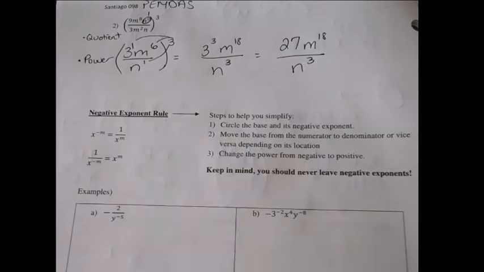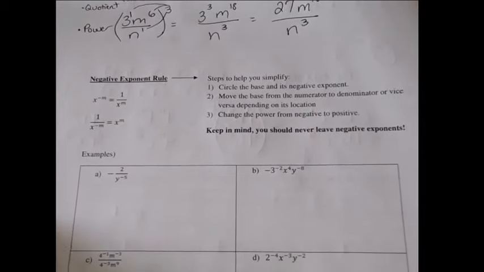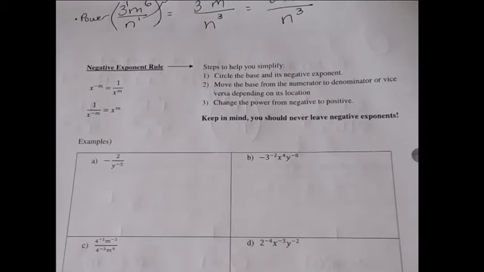All right, let's take a look at the negative exponent rule. What I've done over the years is I wanted to help you guys have a quick and straightforward way of simplifying the negative exponents without overthinking this. Okay, so notice here the definition. We have x to the negative m is the same as 1 over x to the positive m.